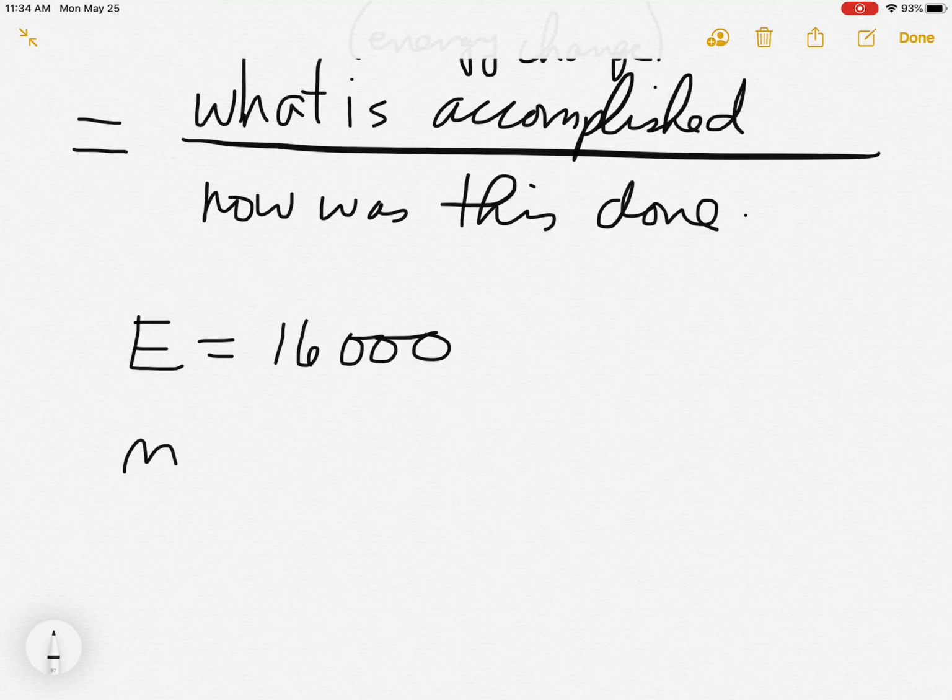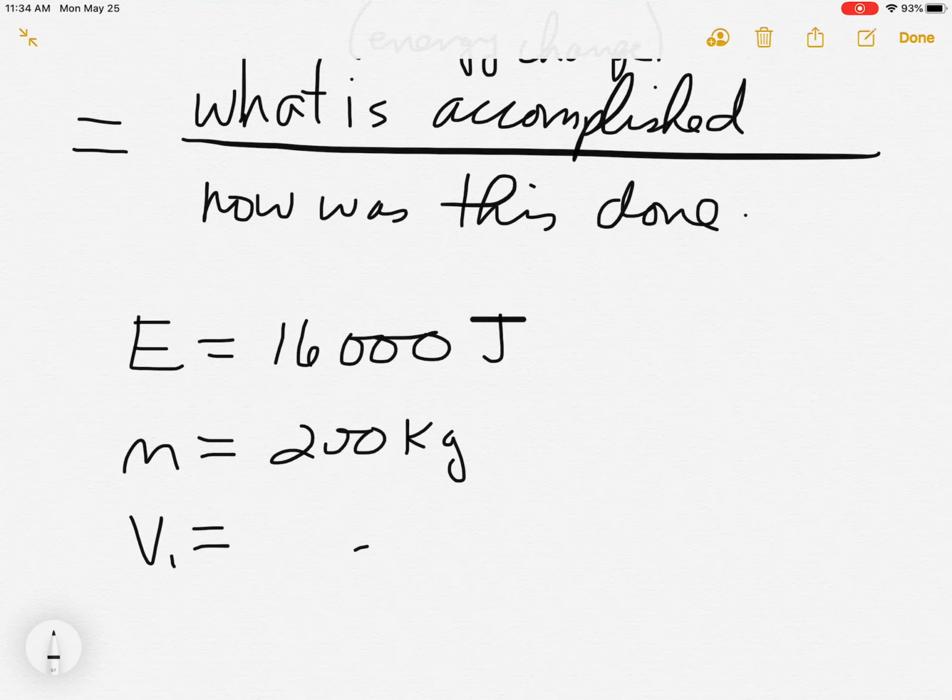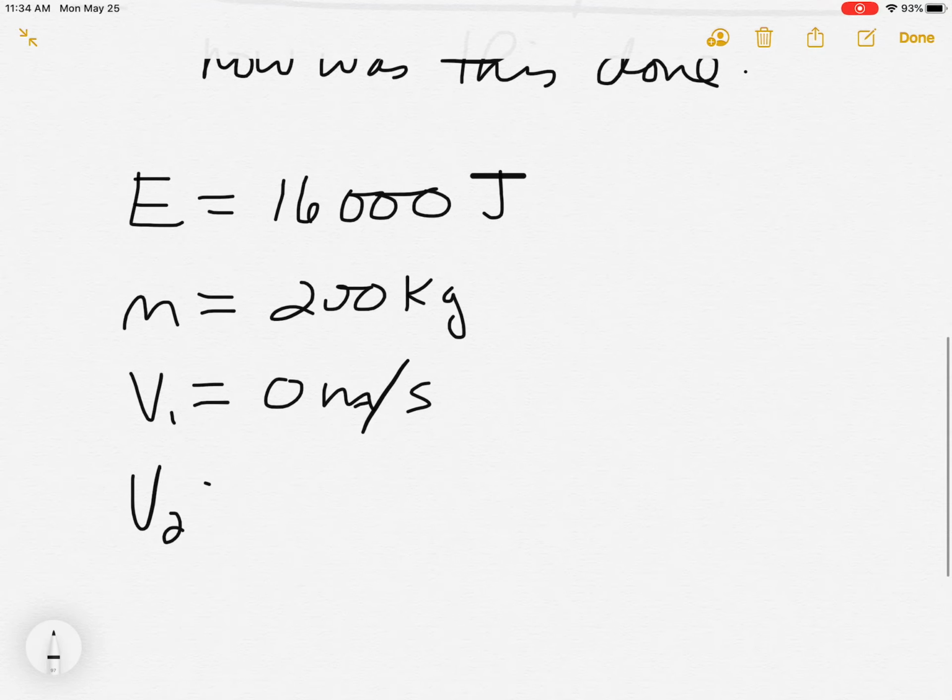And then we have a mass of 200 kilograms. I better put my units in there. And then we're going to go from a V1 of 0, rest, and a V2 of 10 meters per second.